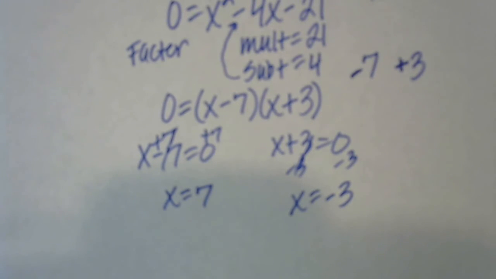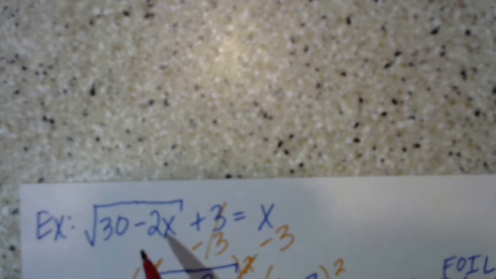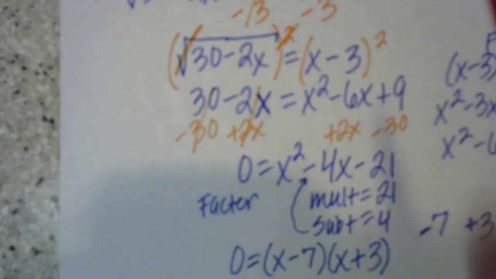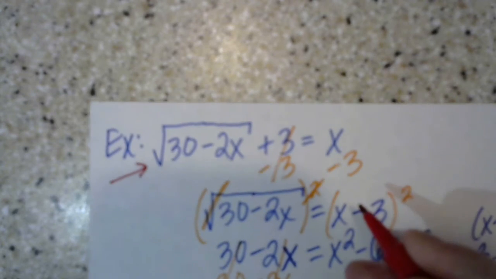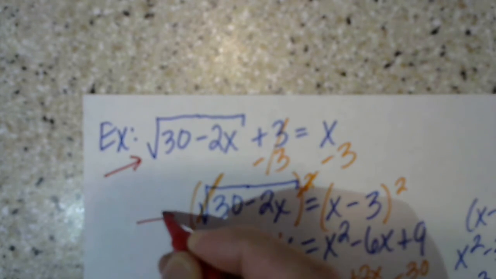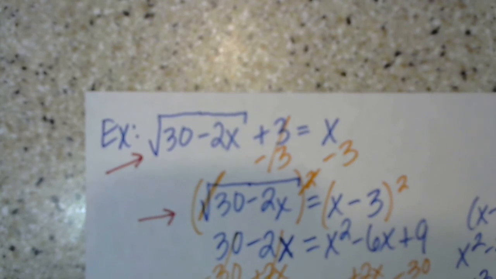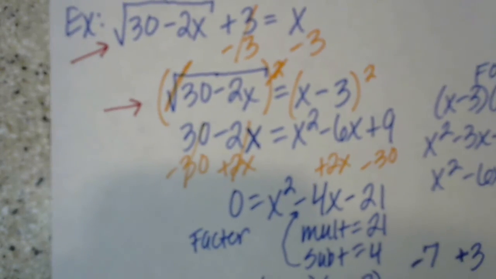Okay? So when I check them, I always plug into the version of the equation where the radical was by itself. But a lot of people are used to plugging into the original equation, so we're just going to do it that way. You really can plug into the original, or you could even plug into that one if you wanted to check.